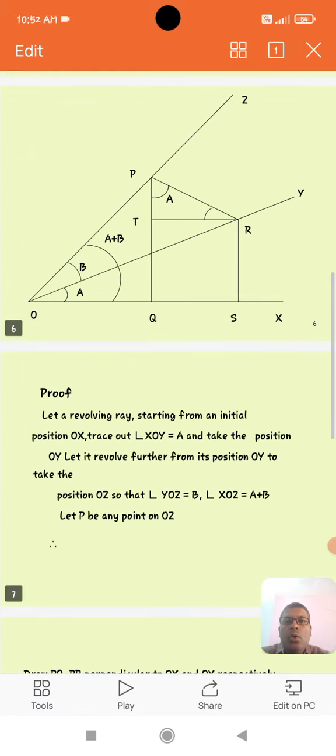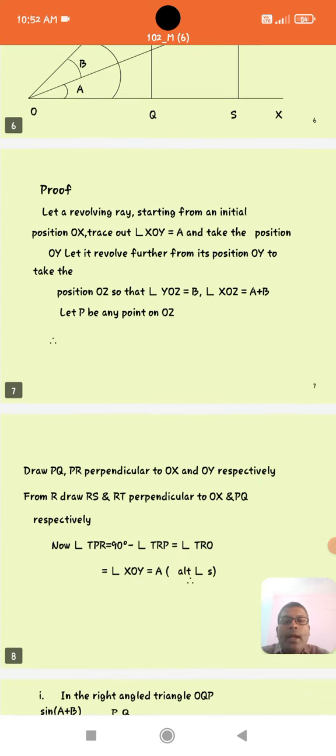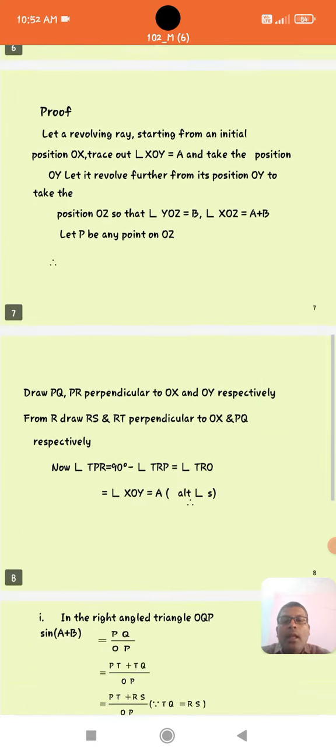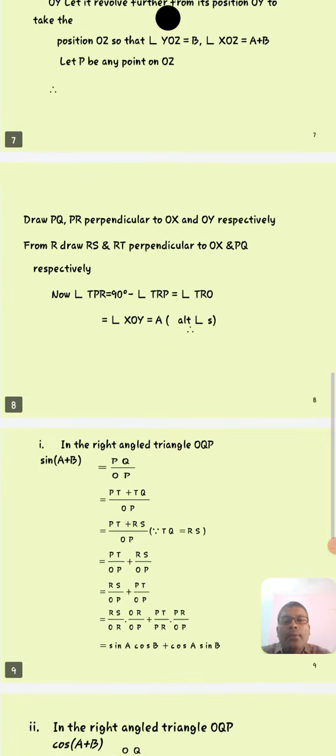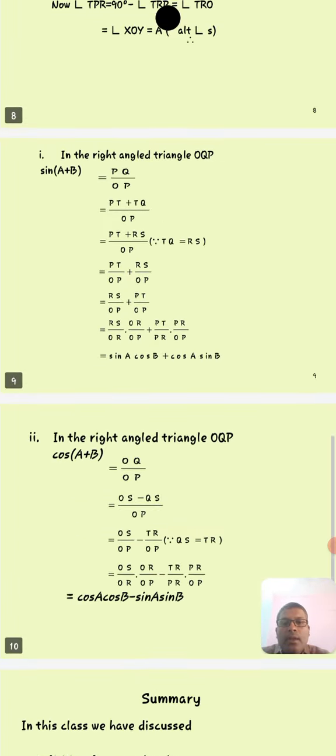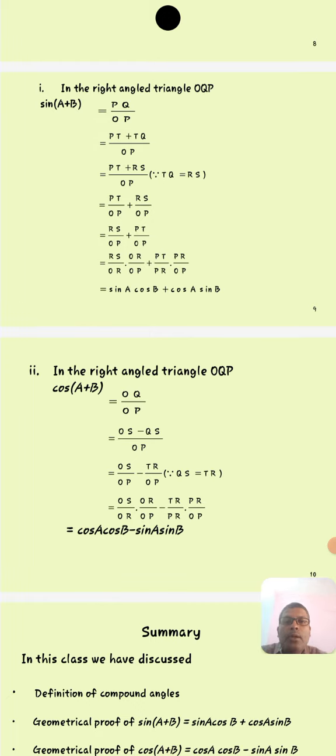What is the cos function definition? Adjacent side by hypotenuse. So cos of A plus B is equal to OQ by OP.